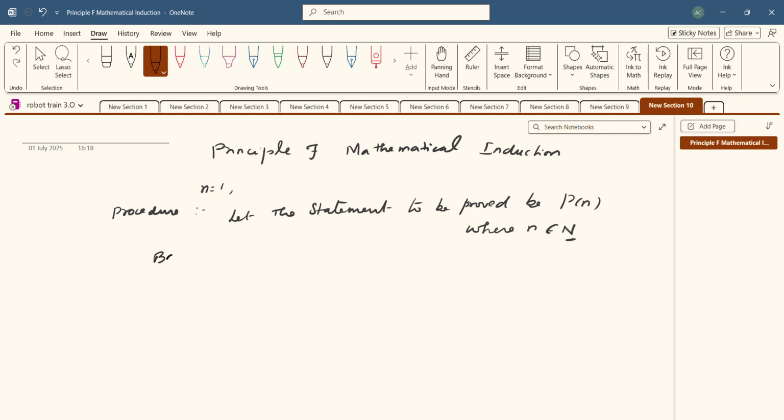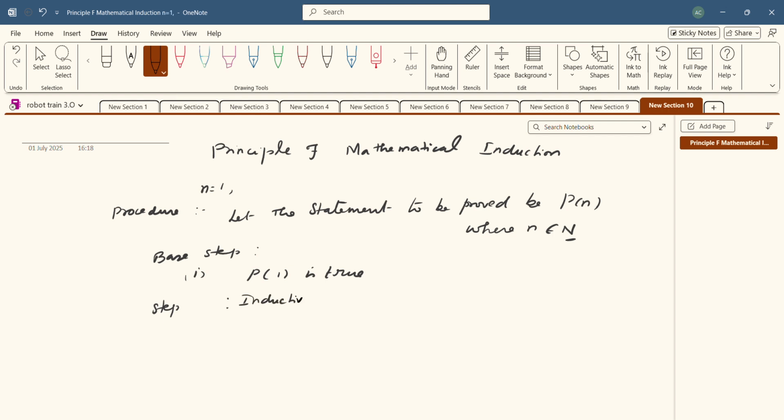So what do you mean by base step or base case? The very first thing, verify that the statement is true for the first value, that is, prove P of 1 is true. This we call the base step. Step number 2, the inductive hypothesis.